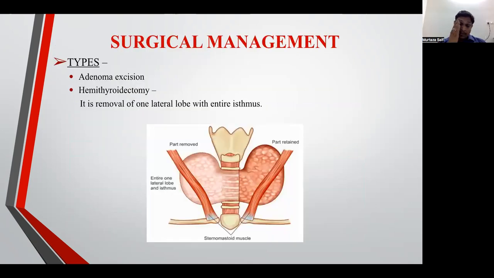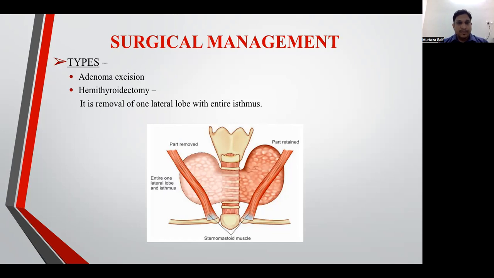Then here is the surgical management. Basically, you can see in the photograph the types. If there is adenoma, excision. Then hemithyroidectomy: it is removal of one lateral lobe with the entire isthmus.